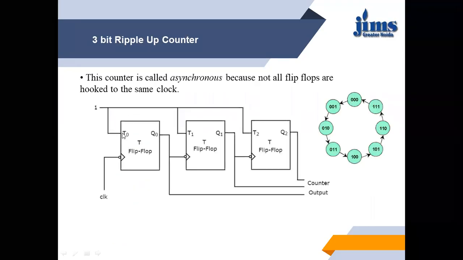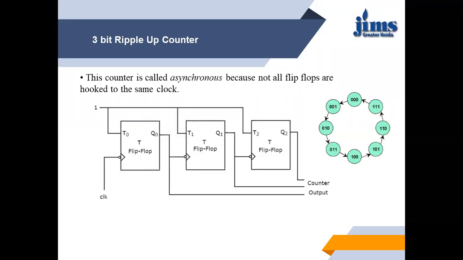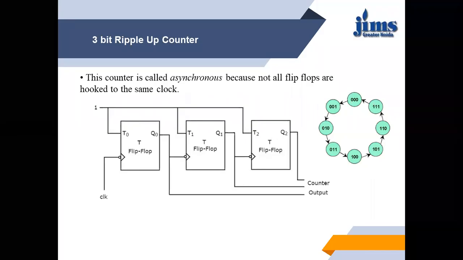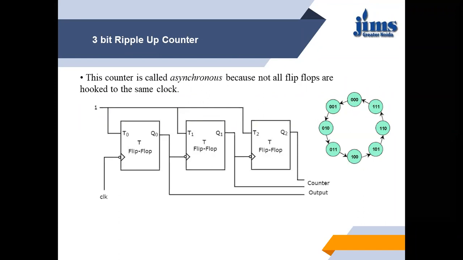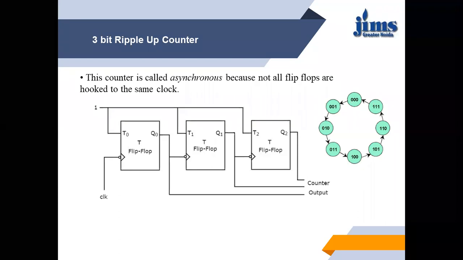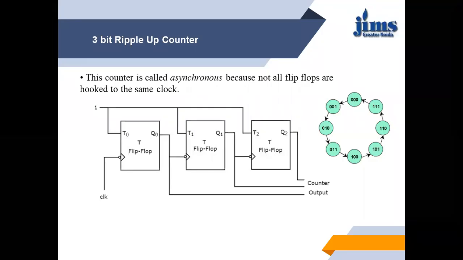We have put all inputs as 1. That is the benefit of T, the toggle flip-flop. Whenever the input is 1 and an active clock is given to the flip-flop, the output will toggle. If it was previously 0, it will be 1. If previously it was 1, it will be 0.